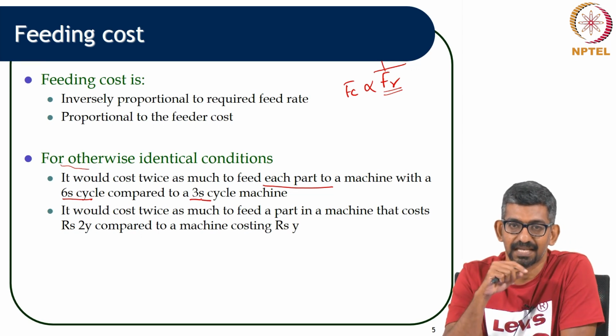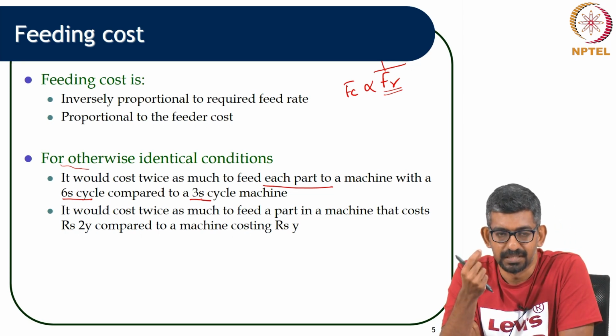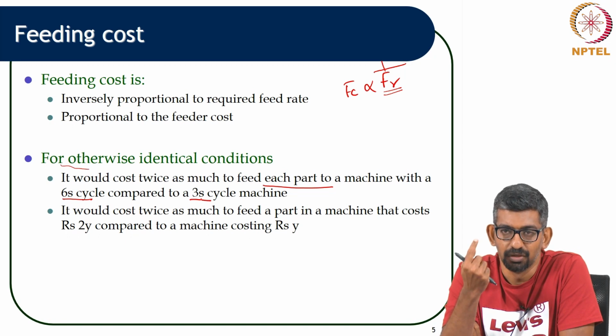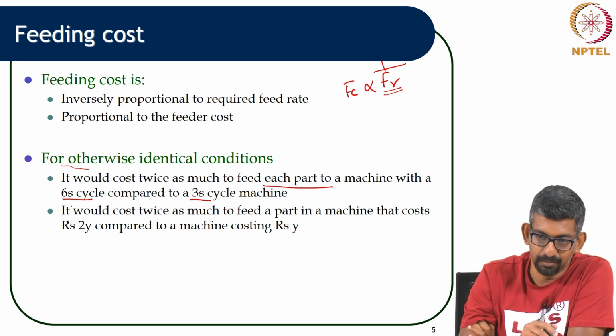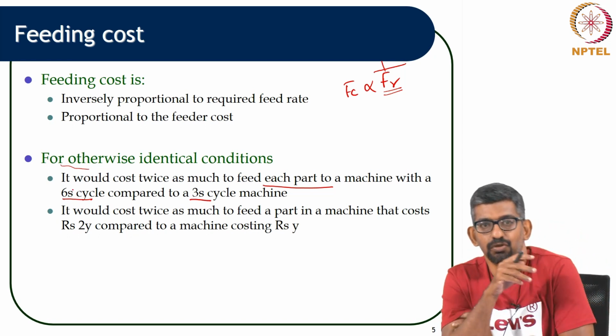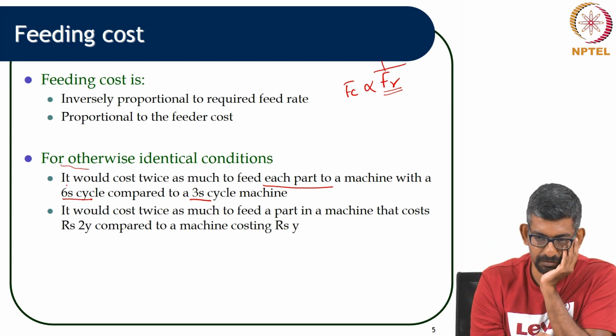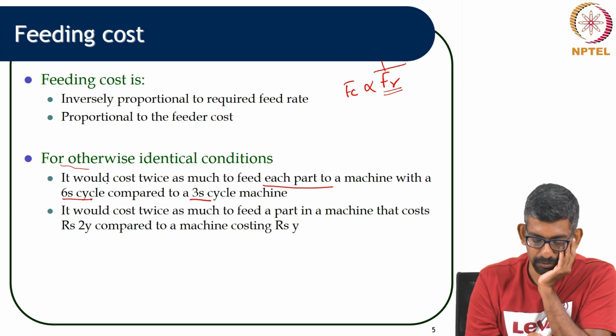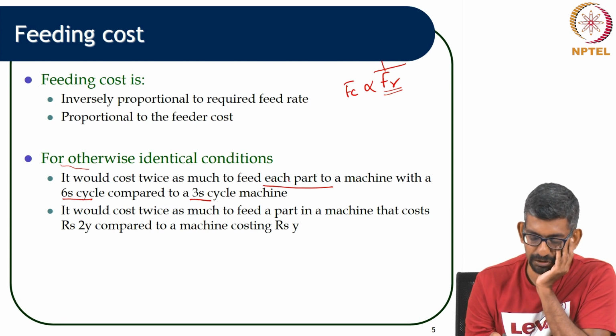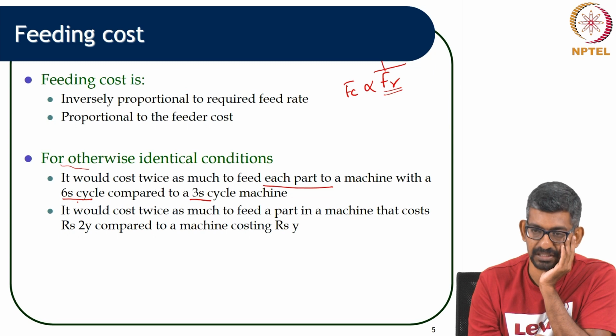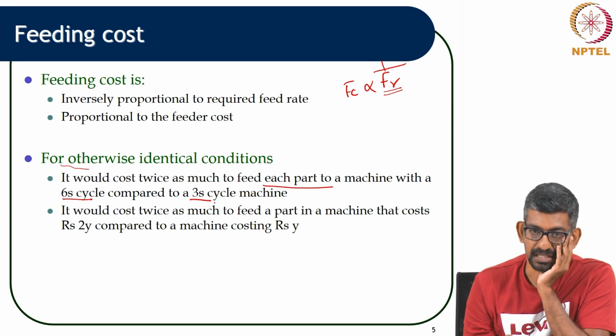So, 3-second cycle means what? Let us say that it takes about 3 seconds to feed, do the assembly and eject one component, and there is another machine that takes about 6 seconds. So, in 6 seconds this machine will do 2 assemblies, whereas this machine will do only 1 assembly. So, it will cost twice as much to feed each part in a 6-second compared to a 3-second cycle.